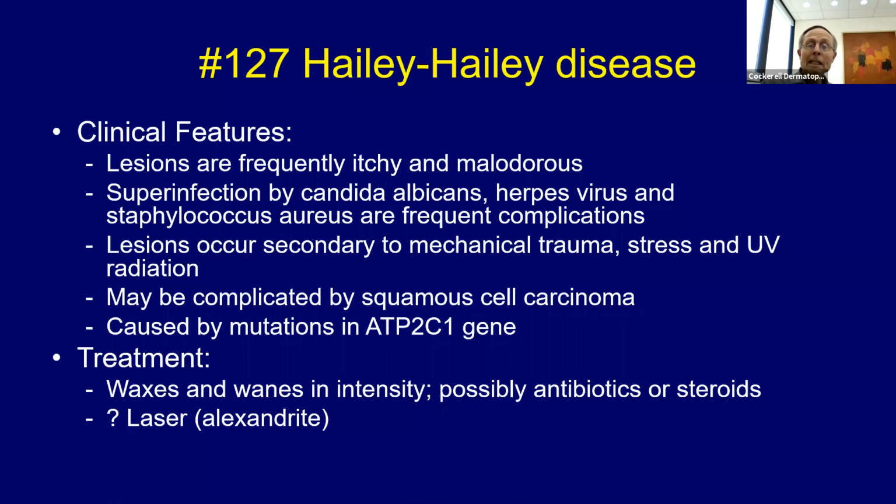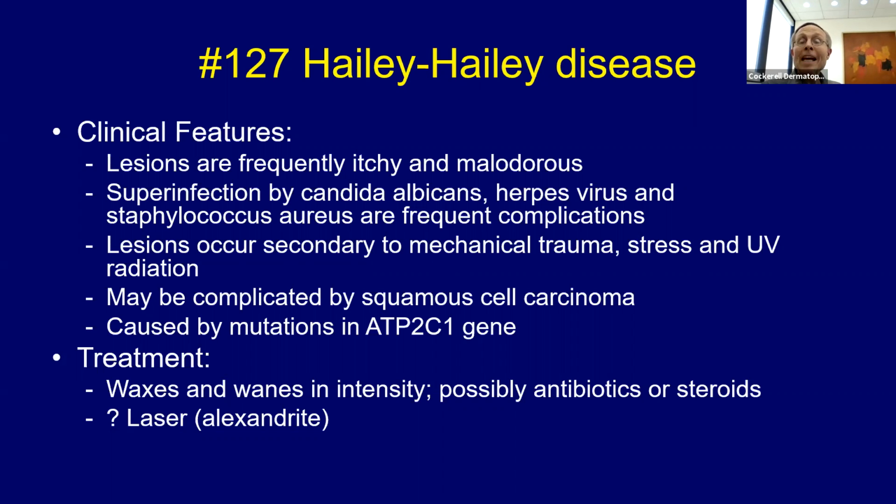So Hailey-Hailey, it's so easy to get that they might give you a second order question. Whenever it's easy to diagnose histologically and or clinically, they may start asking questions about treatment. So how do you treat this? Well, it's not easy to treat. You want to make sure you get rid of any of the other things that can make it worse, like Candida or staph infection or herpes infection.